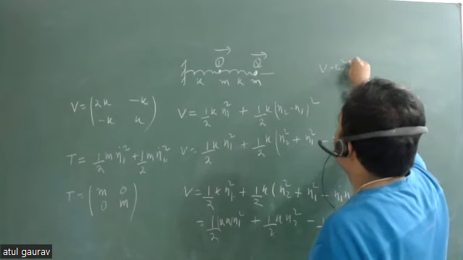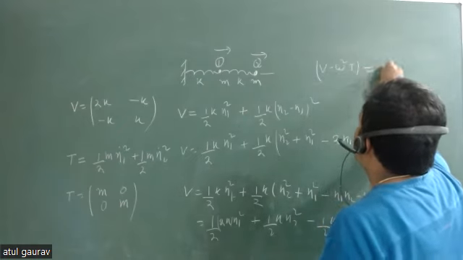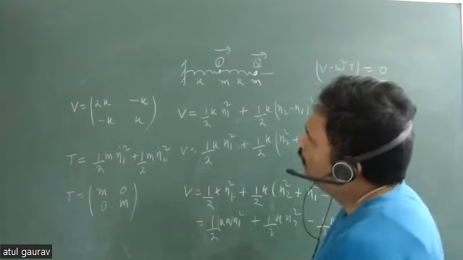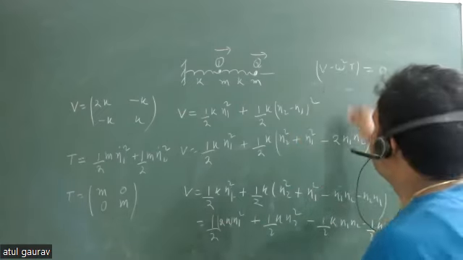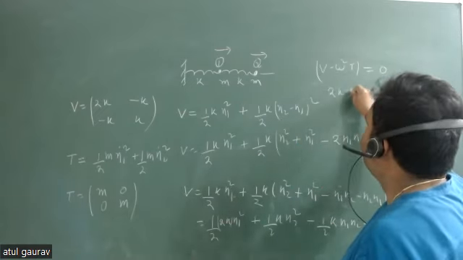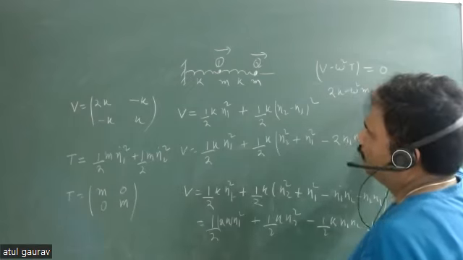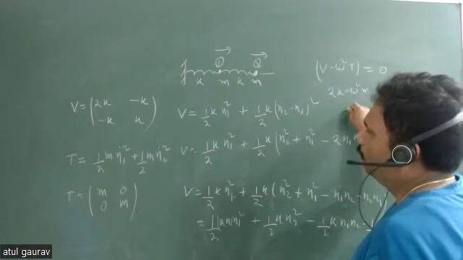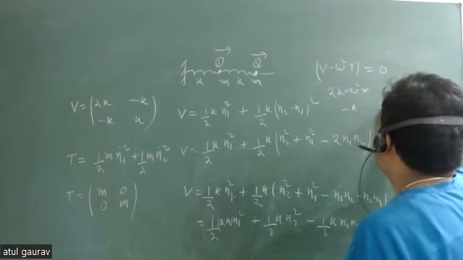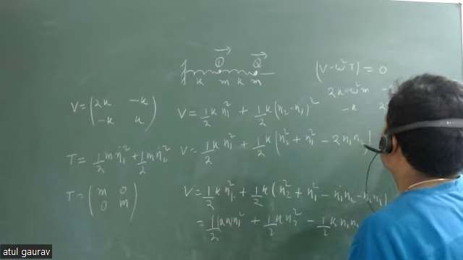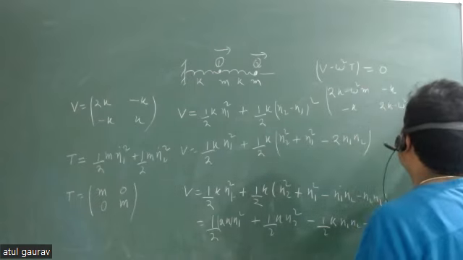V minus omega square T must be equal to 0. And you can solve: 2k minus omega square m, minus k, minus k, 2k minus omega square m, must be equal to 0.